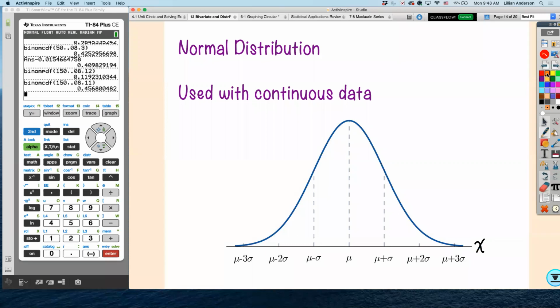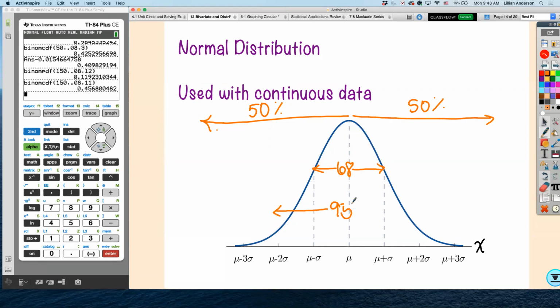Remember that the mean does split your data, your 100% data, into half. So you have 50% to the left of your mean and 50% to the right of your mean. One standard deviation was about 68% of your data. 2 standard deviations was about 95% of your data. And 3 standard deviations was about 99.7% of your data, okay?